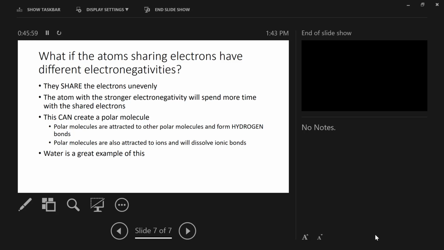Okay, but these are all cool things about water that are only true because water is a polar molecule, right? And why is water a polar molecule? Because oxygen and hydrogen have different electronegativities. Oxygen's electronegativity is much higher than hydrogen's.